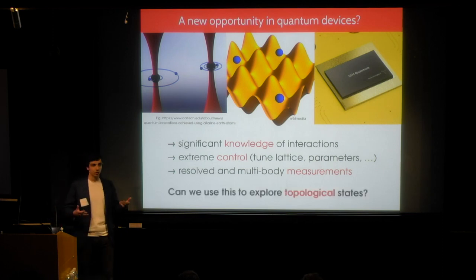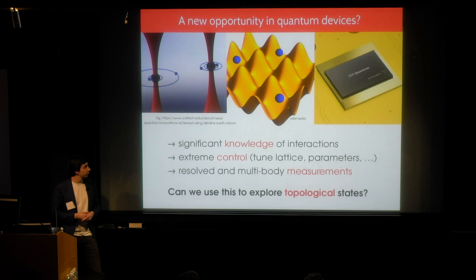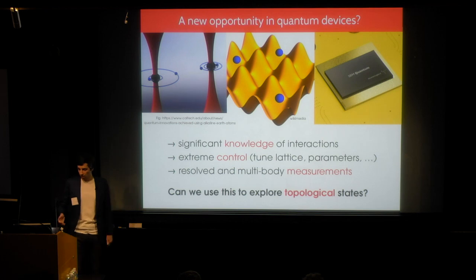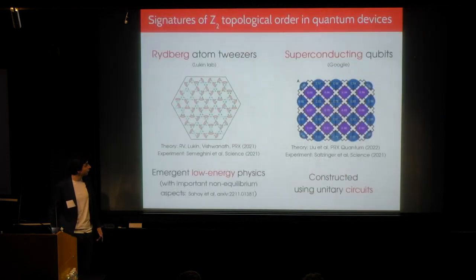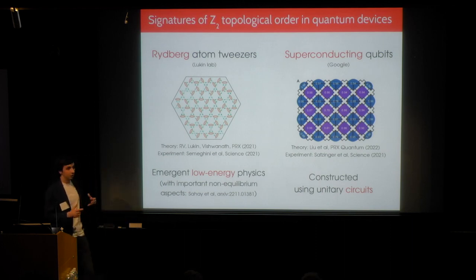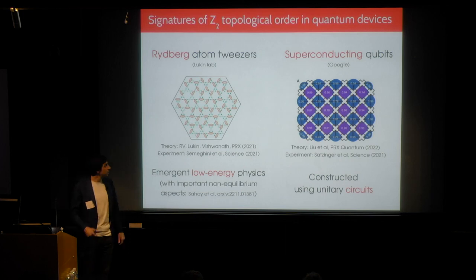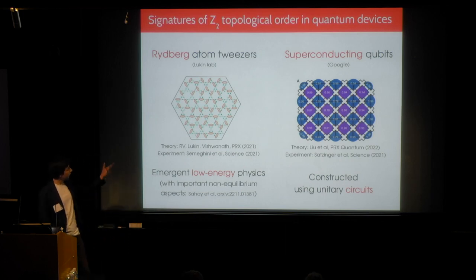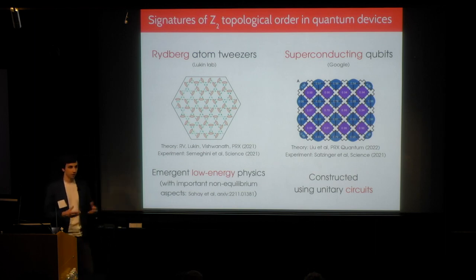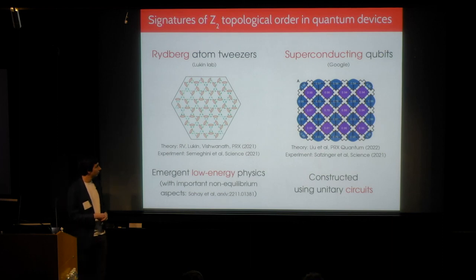So it's a very natural question to wonder, can we use these platforms to realize and explore these entangled states and their emergent properties? And just to give an example of two relatively recent developments in that direction, in the attempt to realize such emergent gauge theories. One platform is Rydberg atom tweezer arrays, where one tries to realize it as the low-energy physics of a certain Hamiltonian.